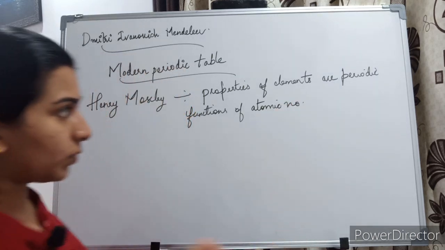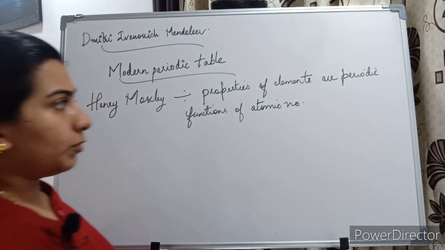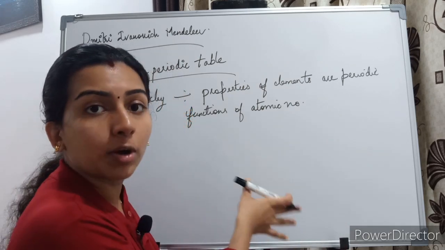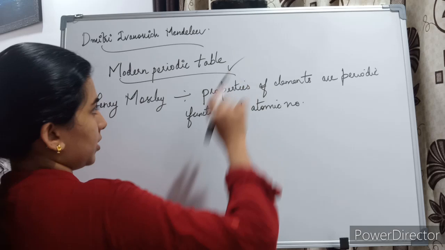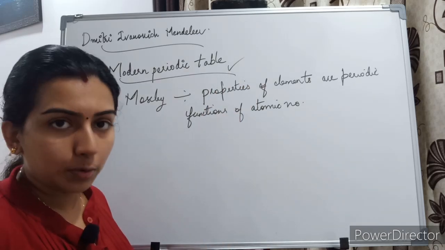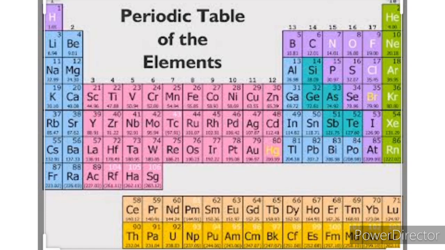So after this was the modern periodic table, in which the elements were arranged in the increasing order of atomic number, and this was successful, and this is the mode of classification which we are using now for classifying our chemical elements.